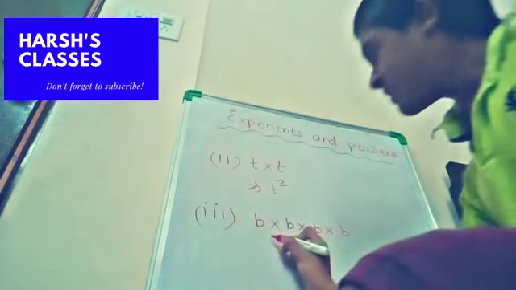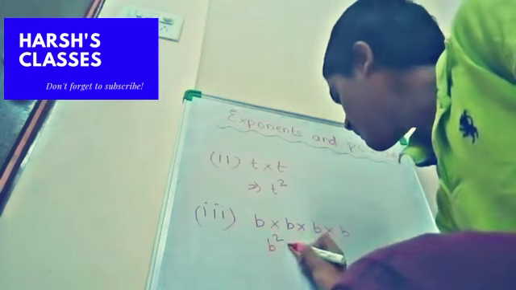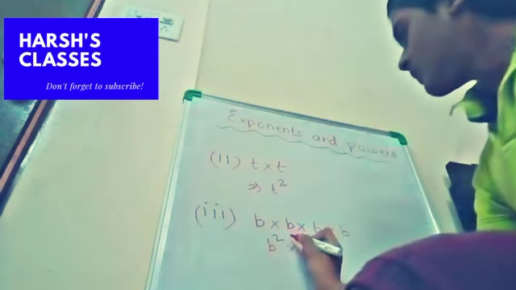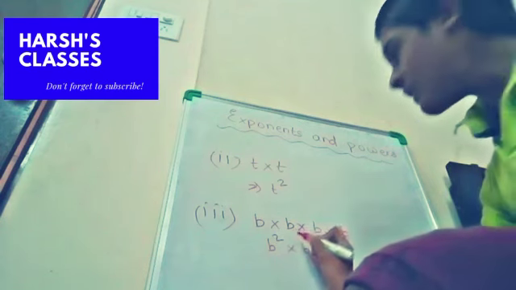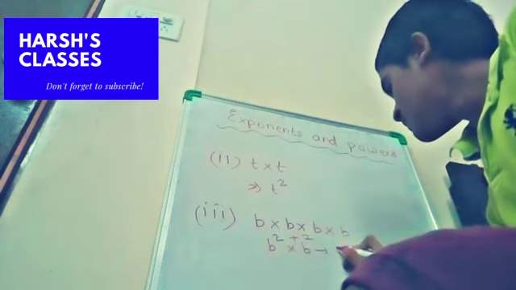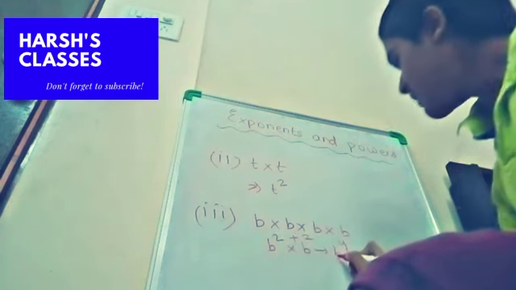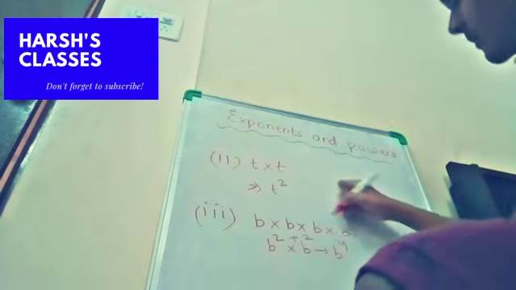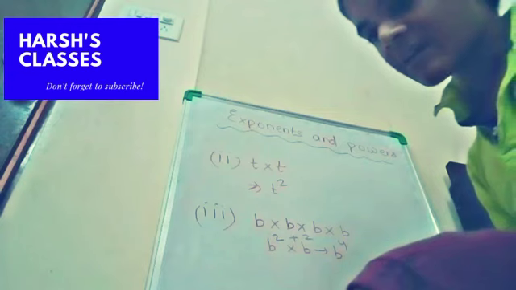So b to the power 2 into b to the power 2. While doing multiplication, what I said, add the powers. So you will get b to the power 4, because here also b is multiplied by itself 4 times. So b to the power 4.